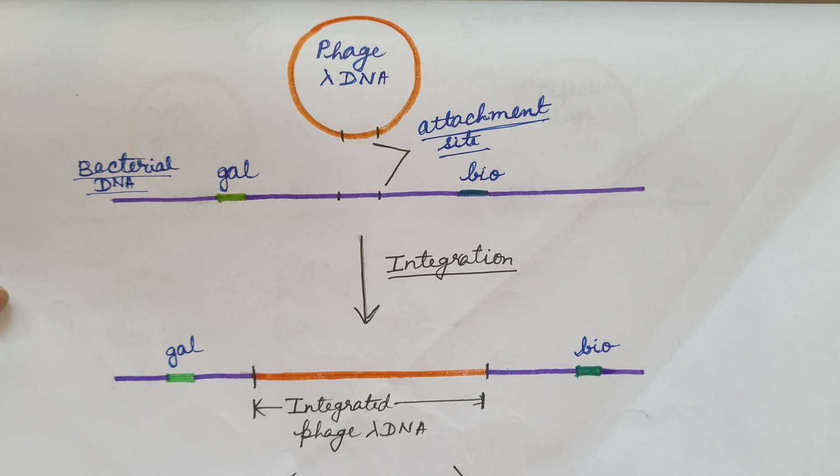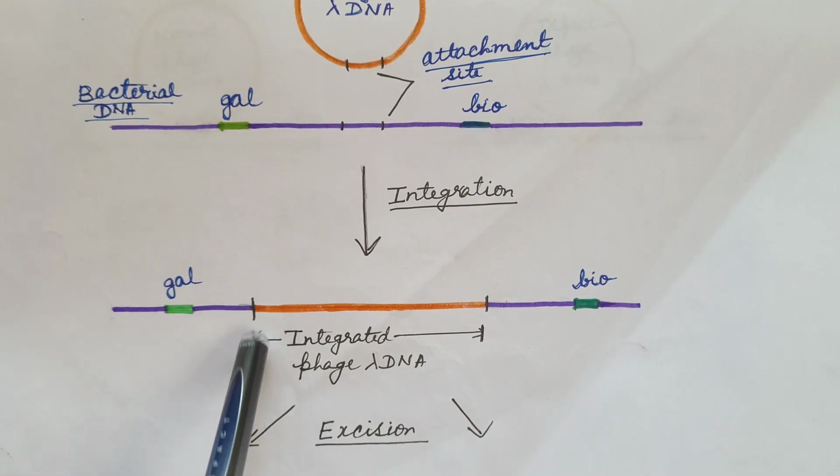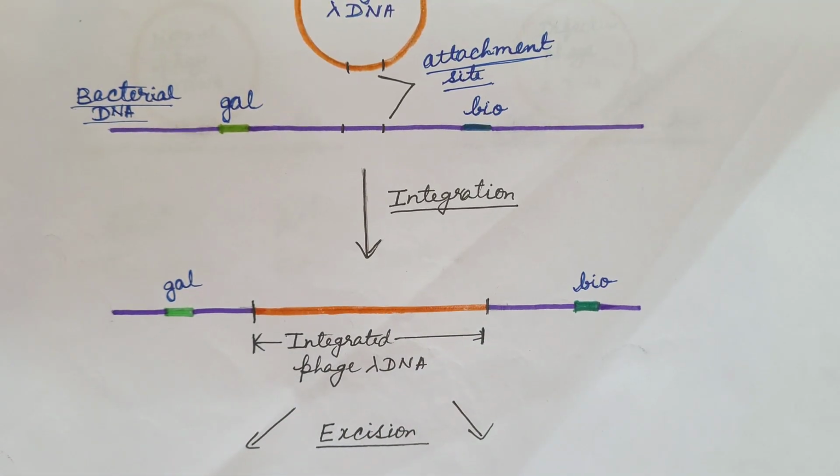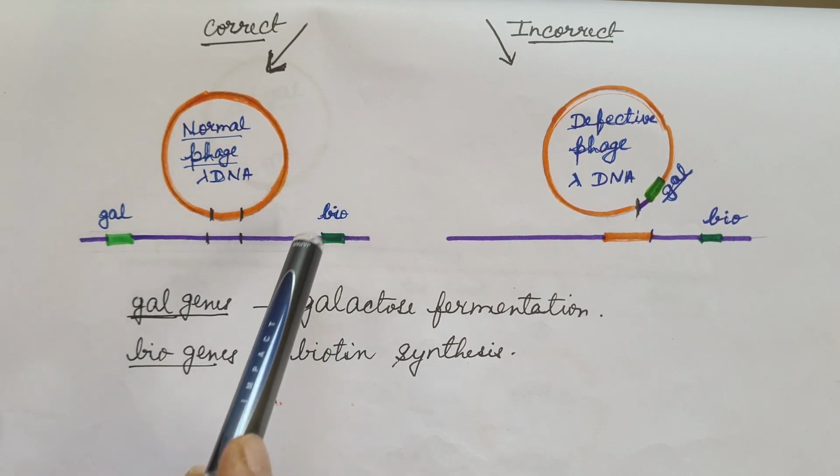When, due to certain induction like the presence of any chemical or ultraviolet radiation, the lytic cycle is induced, this integrated phage lambda DNA is excised. So the excision of phage lambda DNA takes place. In most of the cases, the excision is normal.